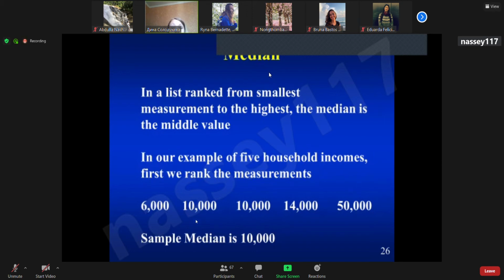For example, we have parameters of household income. We arrange these parameters from minimum 6,000 to maximum 50,000, and the one in the middle is 10,000. It will be called a sample median.